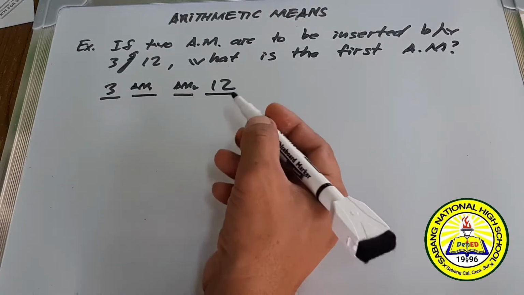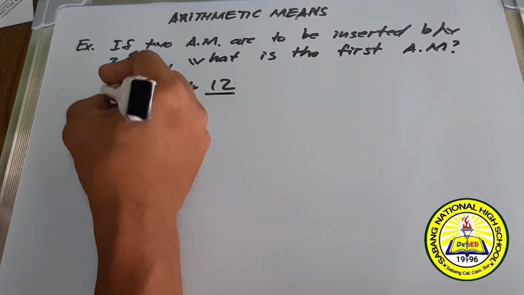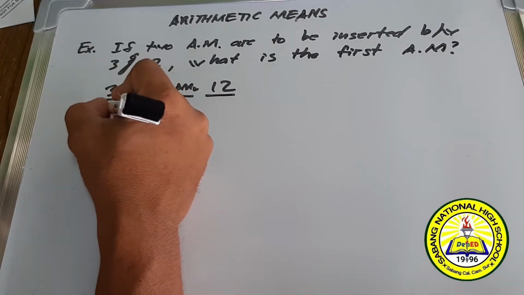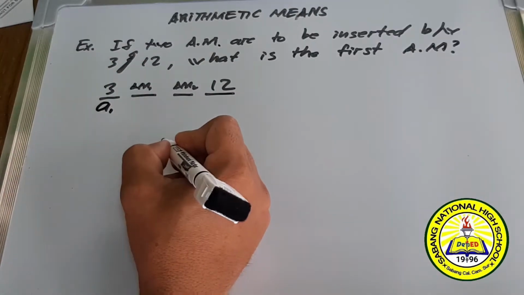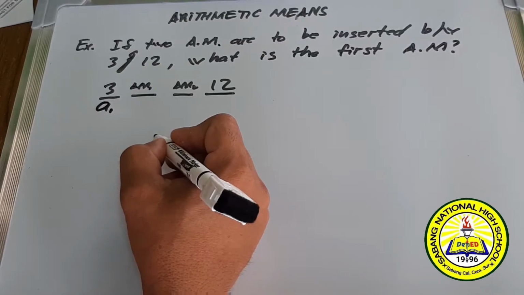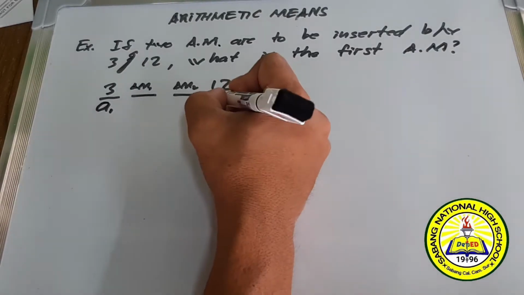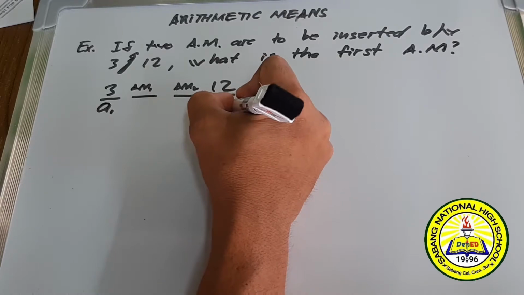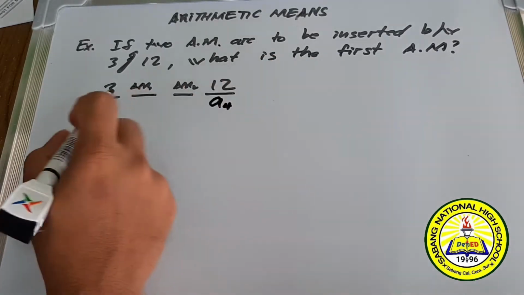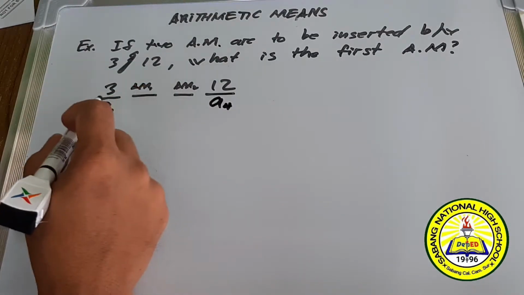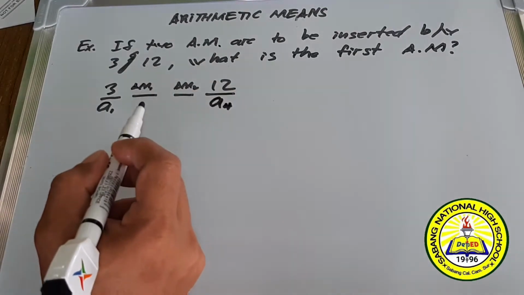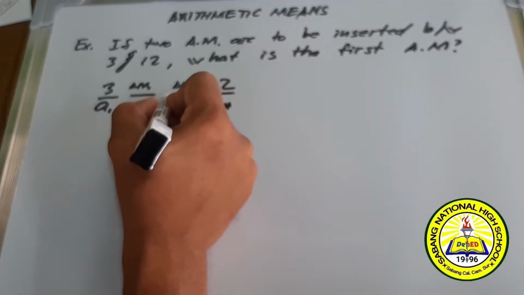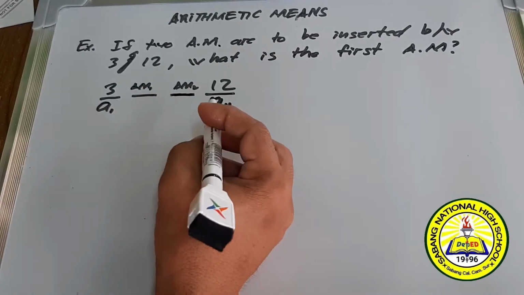We all know from this sequence, since this is an arithmetic sequence, this one should be the first term, A sub 1. If this is A sub 1, then 12 must be A sub 4, because that will be the fourth term if two more numbers are to be inserted between them.